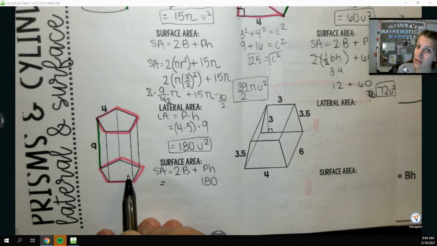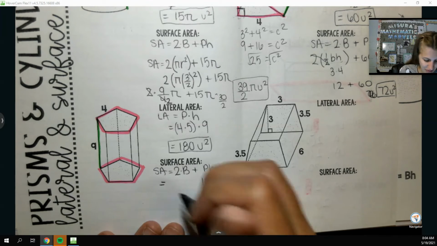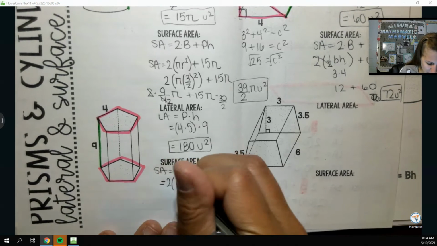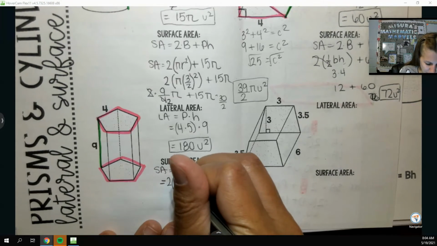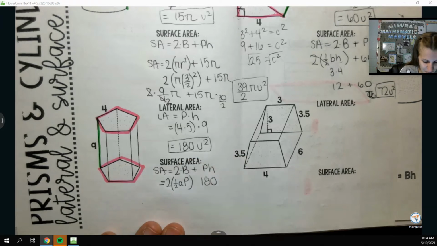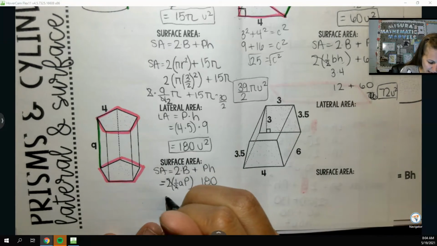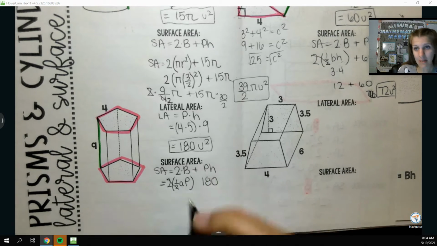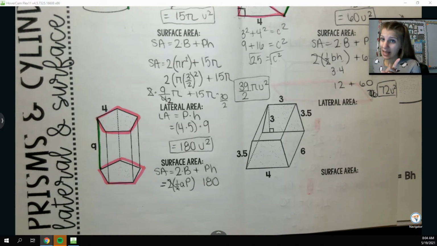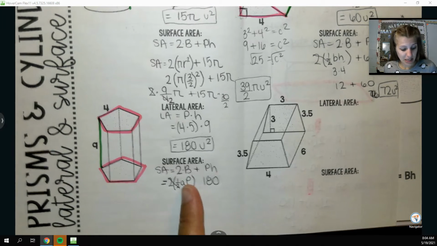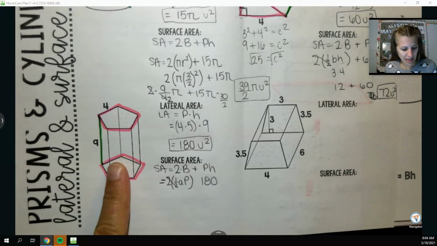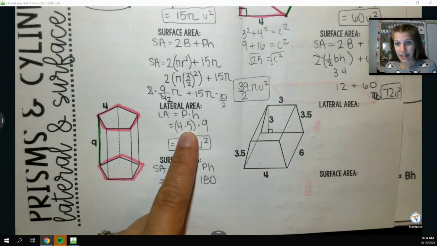When my base shape is a pentagon, I have to do half apothem times perimeter. Now, like with the triangle one, the half can go away, and so really I end up with just apothem times perimeter. Now, I will say the one nice thing is I already know that perimeter because this is the perimeter of the base, and I literally just did that here. It's 20.